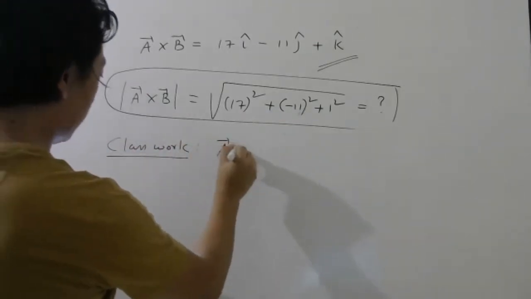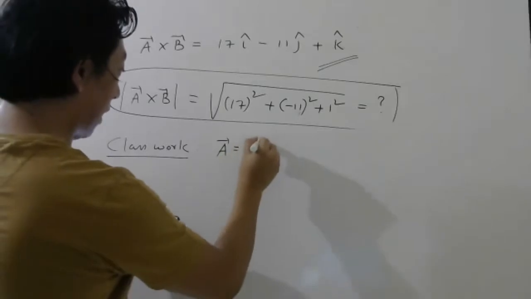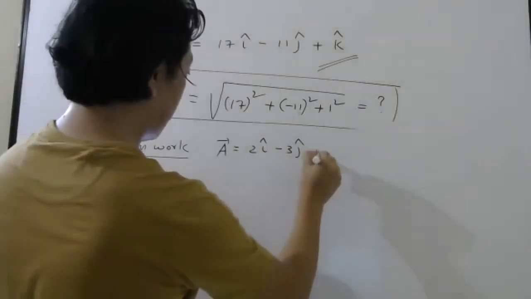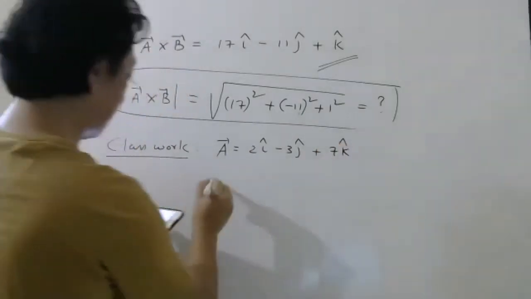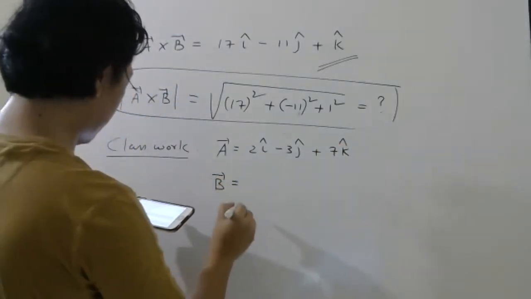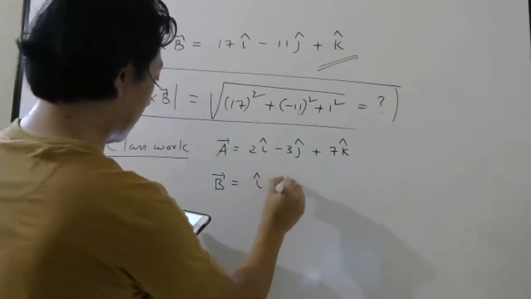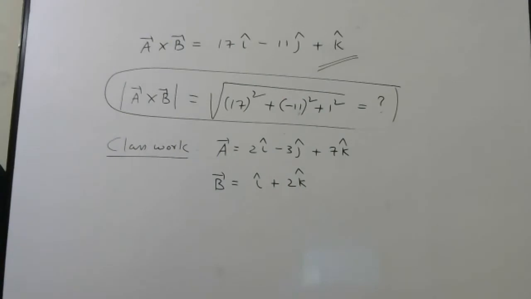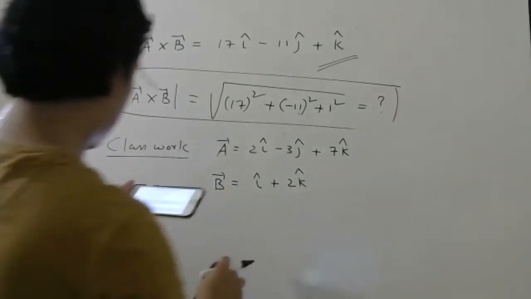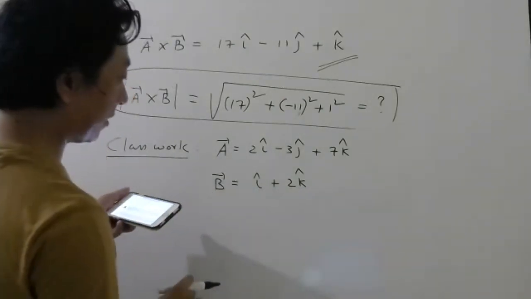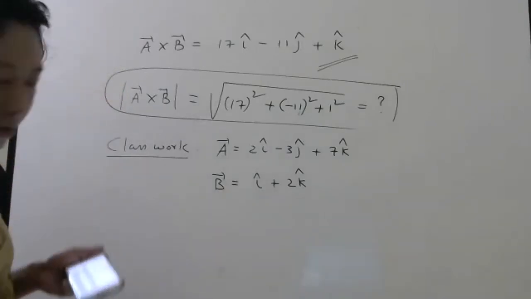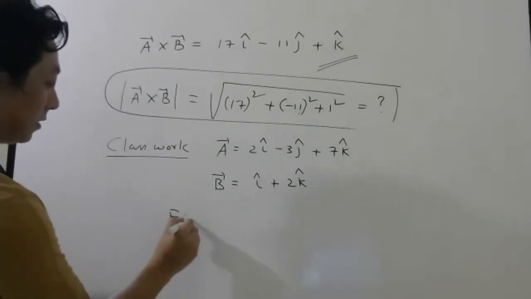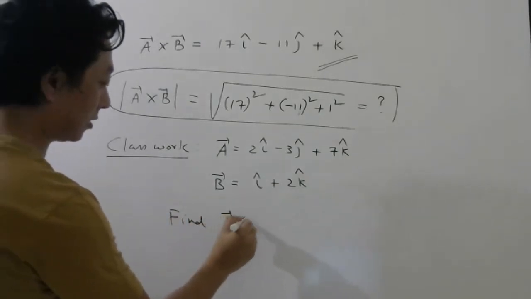A bar is equal to 2i cap minus 3j cap plus 7k cap. B bar is i cap plus 2k cap. Oh, sorry. This also we can try. Let us try this also. So find A bar cross B bar.